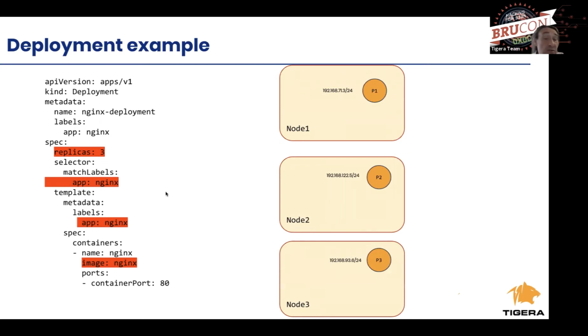Important to note, although we always use it, these pods which are spun up will have labels. Every pod that is spun up will have a label, in this case, app equals nginx. It's important to note because in the next part, when we discuss the services concept, you will see that we need this.